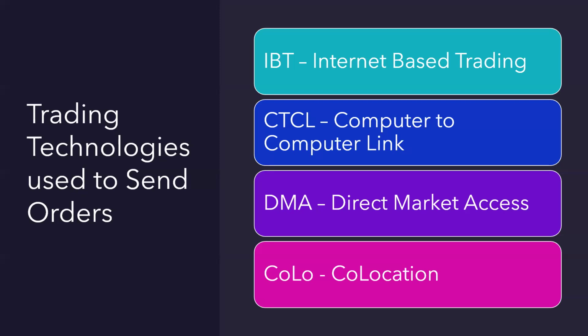But when it comes to brokers sending orders, or prop trading, or even some institutions, they use CTCL terminals. CTCL terminals are usually offered to dealers. It's a computer to computer link based terminal. They have a direct lease line with the exchange, and placing the order is through a much faster route.